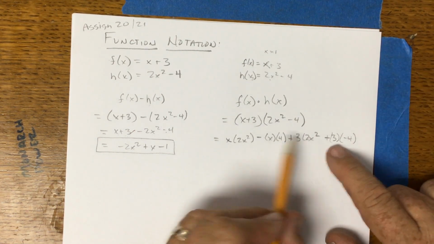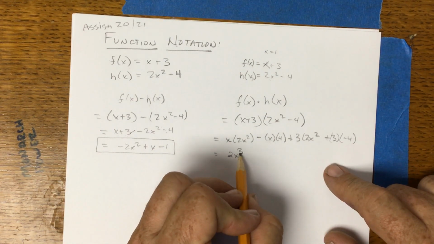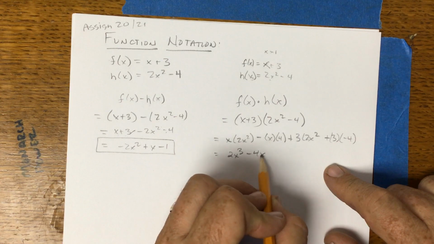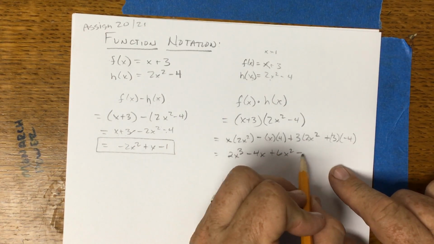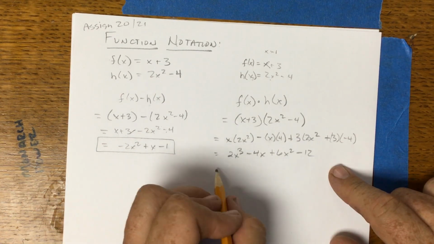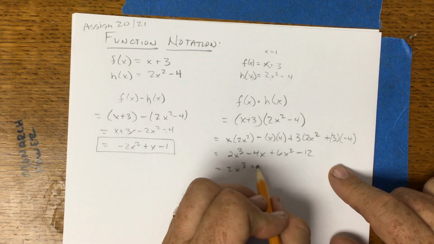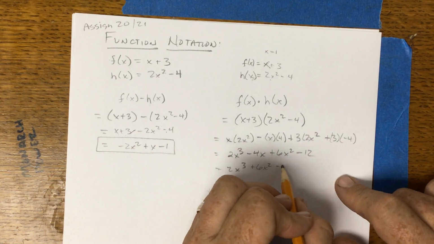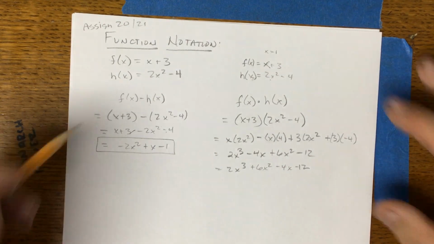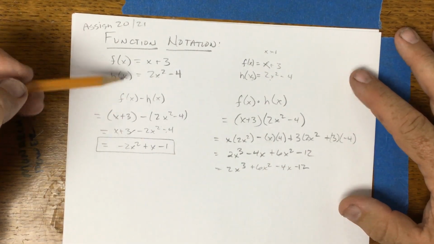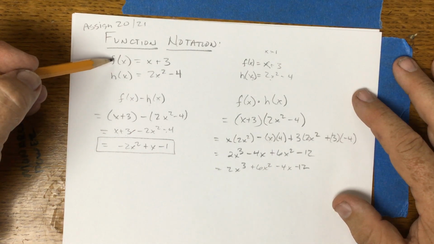So I distributed that 3 into each one. So we end up with 2x to the third minus 4x plus 6x squared minus 12. And if we clean that up like everybody likes us to, we get 2x to the third plus 6x squared minus 4x minus 12.